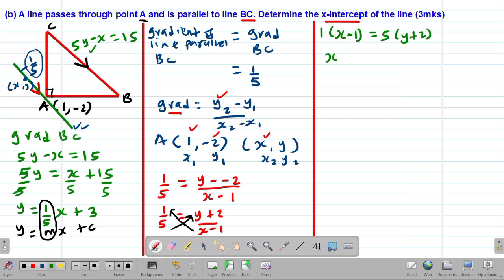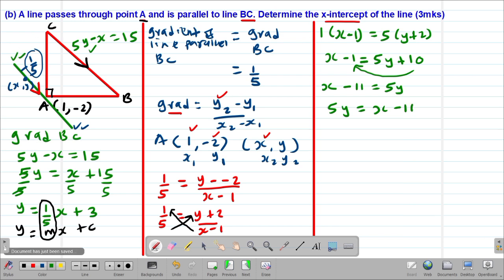So this will be x minus 1 being equal to 5y plus 5 times 2, which gives a positive 10. If I take this towards the left hand side, I'll end up with x, then negative 1 minus 10 will give me negative 11, being equal to 5y. Therefore the equation is 5y equals x minus 11. So this is the equation of the line which is parallel to the line BC.